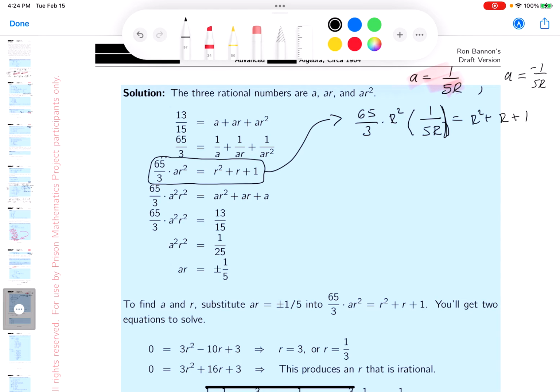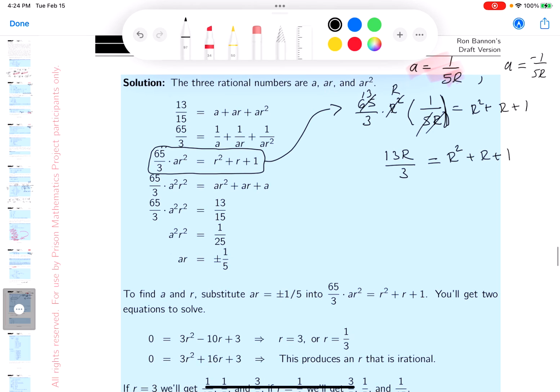Let's see what we get here. I've got to be careful. 5 goes into 5 once, goes into 13 three times. R goes into R once, it goes into R squared R times. So you can get 13R, let's be careful, over 3 equals R squared plus R plus 1.